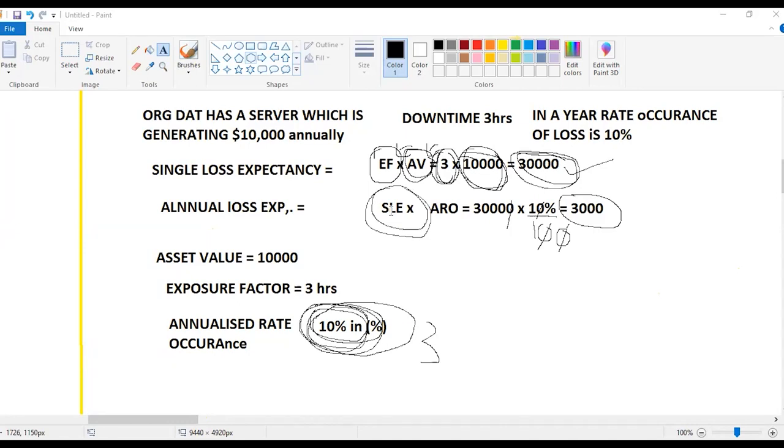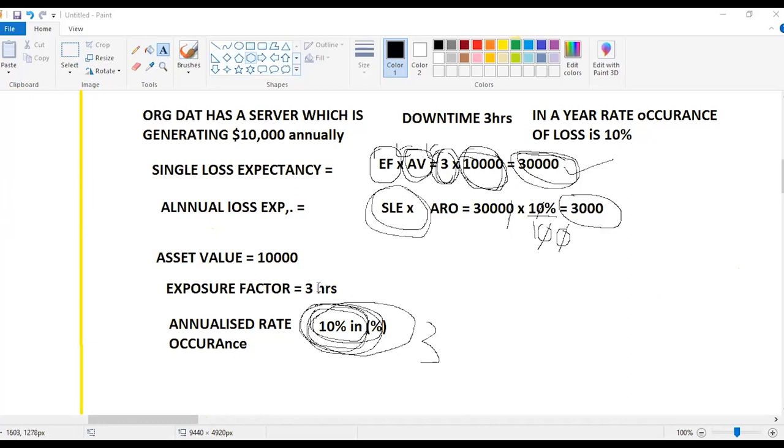Out of 100 students, only 10 students are going to face this type of question in the exam, if you're planning to give your exam. You can take any combinations.